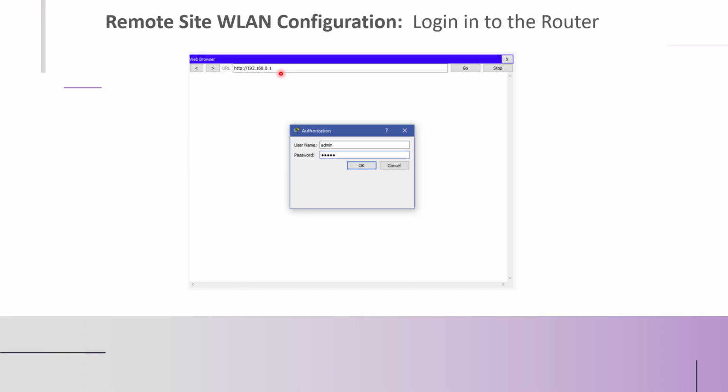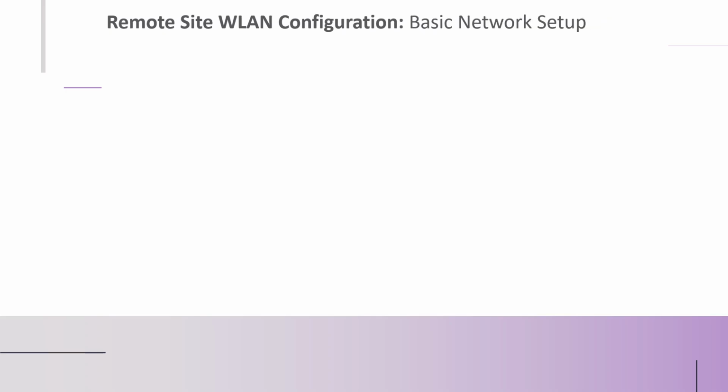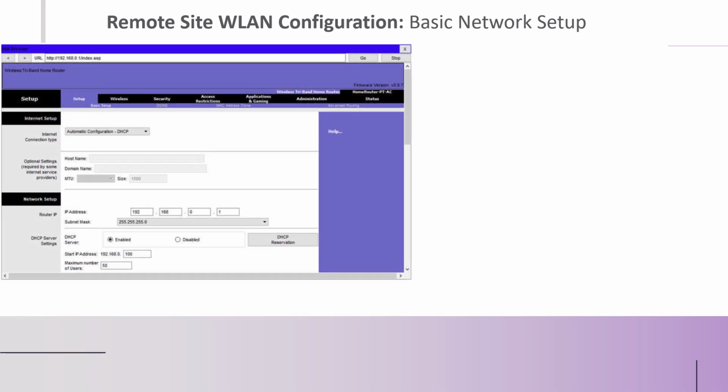After you are logged in to your router, there are some basic network setup steps that you need to do. The first thing is that you have to log in to the router from a web browser, and after you log in, you open a graphical user interface.